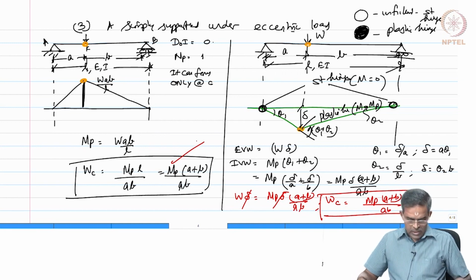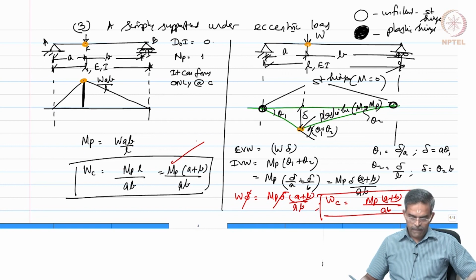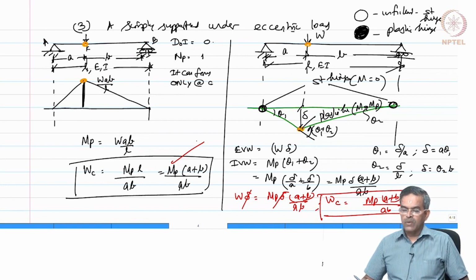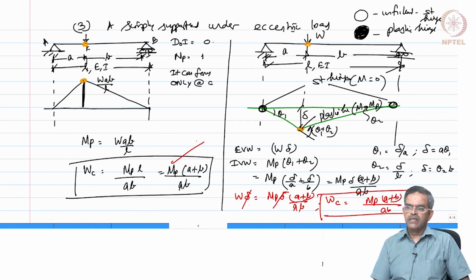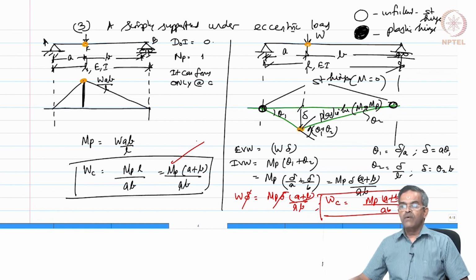Okay. So, we are able to estimate quickly the collapse loads using both the theorems without iteration, because in both the assumed mechanism and the bending moment diagram, the critical sections are easily identifiable and we are able to mark the location of plastic hinges conveniently without any ambiguity, right. The confusion will come only when it is either a partial collapse mechanism or an over collapse mechanism.